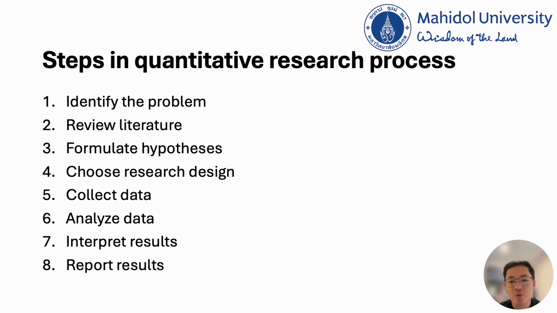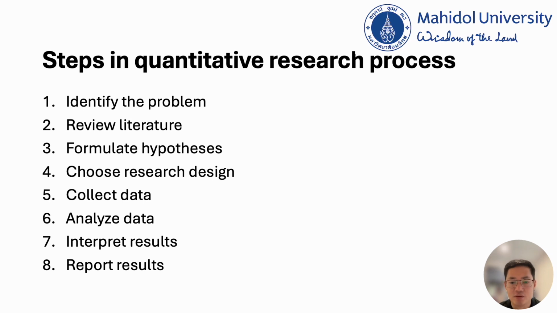After that, we choose an appropriate research design, such as experimental, correlational, or descriptive, depending on the research question. The next step is to collect data using structured tools like surveys or tests. Then we analyze the data using statistical techniques to see if the evidence supports our hypothesis.